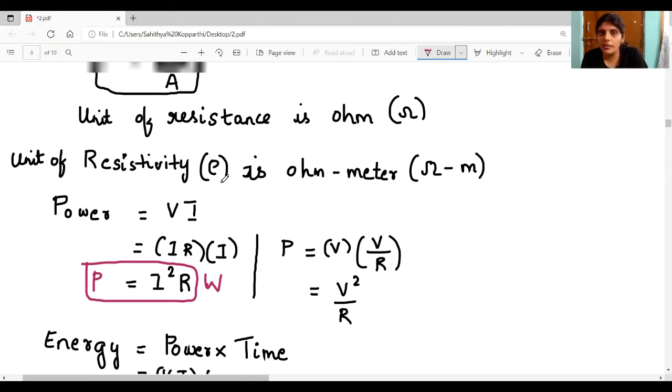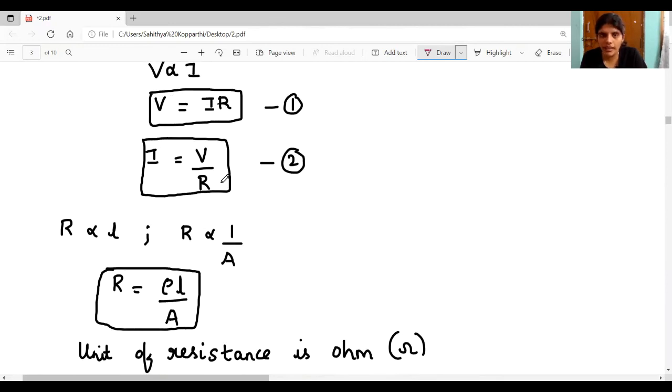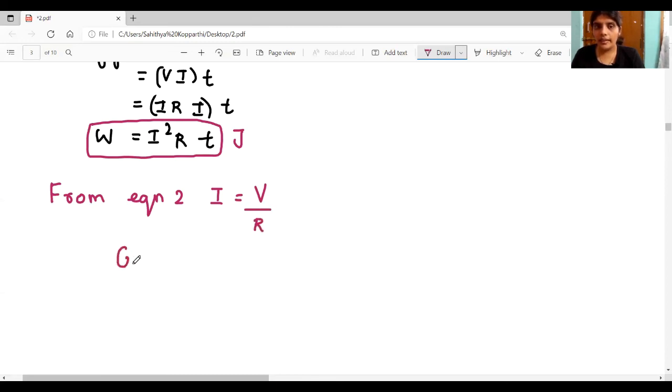From equation 2, we got I is equal to V by R. 1 by R can be written as conductance, denoted with symbol G. So conductance is nothing but the reciprocal of resistance. Resistance opposes the flow of current.